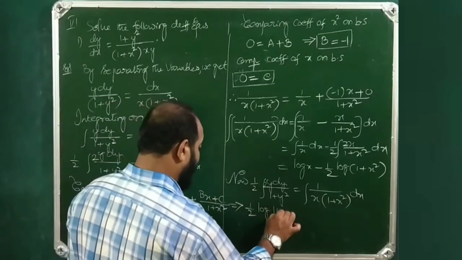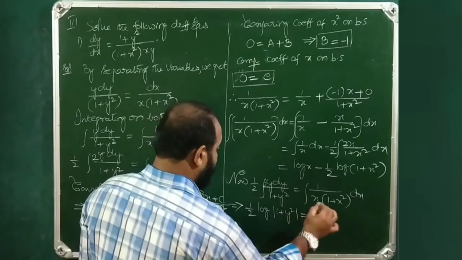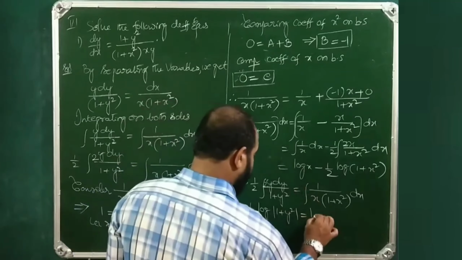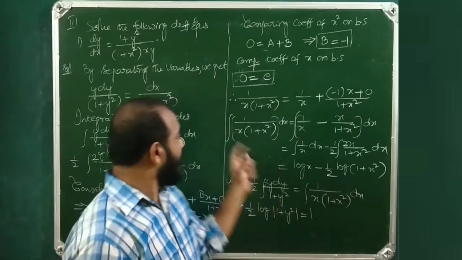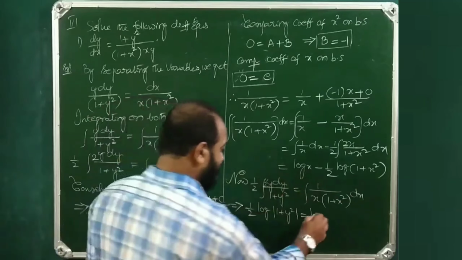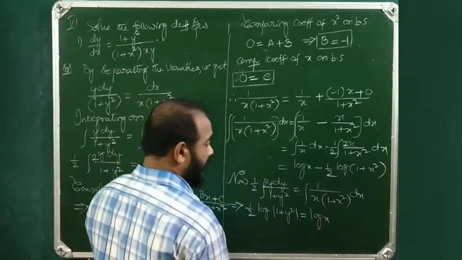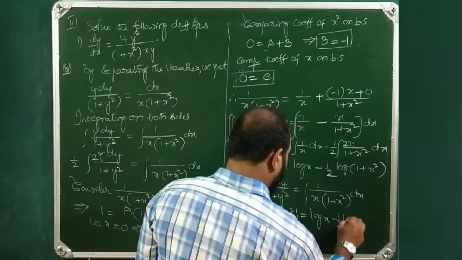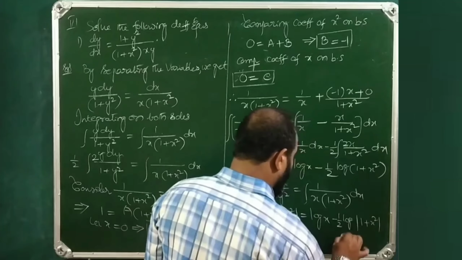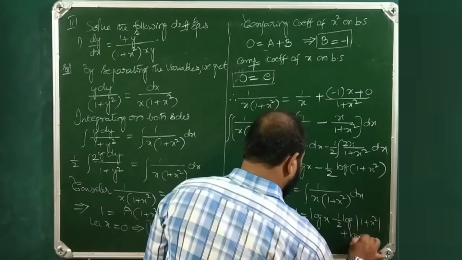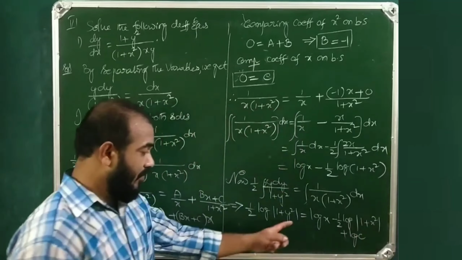So log mod 1 plus y square is equal to, what is integral 1 by x into 1 plus x square dx? log x minus 1 by 2 log 1 plus x square plus the constant of integration is to be added, that is c. Instead of c, I have written it to be log c.